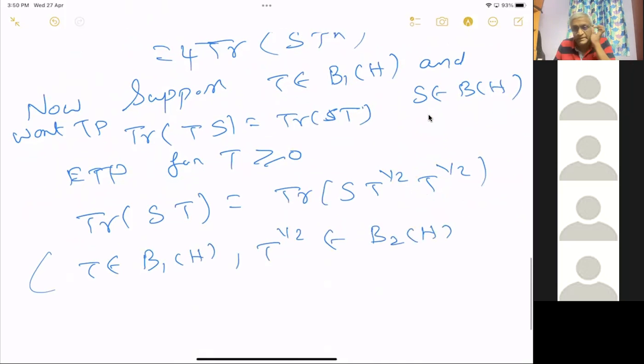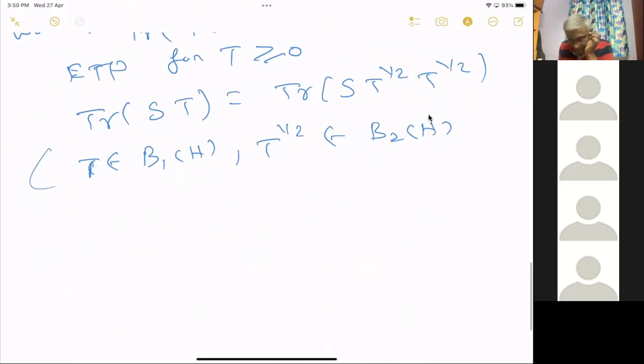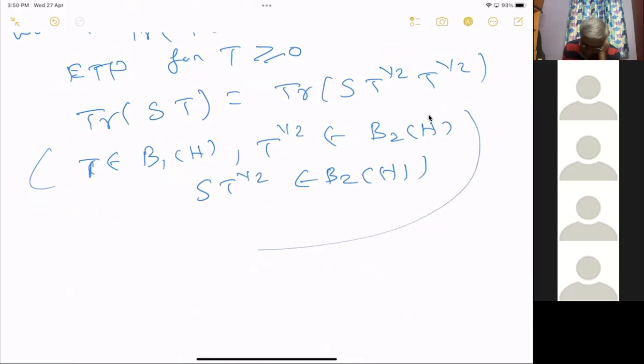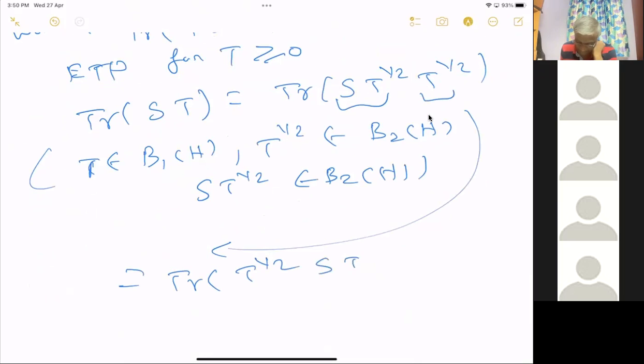The definition of B2H is that T is in B2H if T star T is in B1H. But T power half star times T power half is T. So for positive operators, you can take the square root, and that is Hilbert-Schmidt. Also, Hilbert-Schmidt is an ideal, we have proved. So S T power half is also in B2H. Because of this, this is equal to trace of T power half, S T power half. I can bring one T power half here by using this.